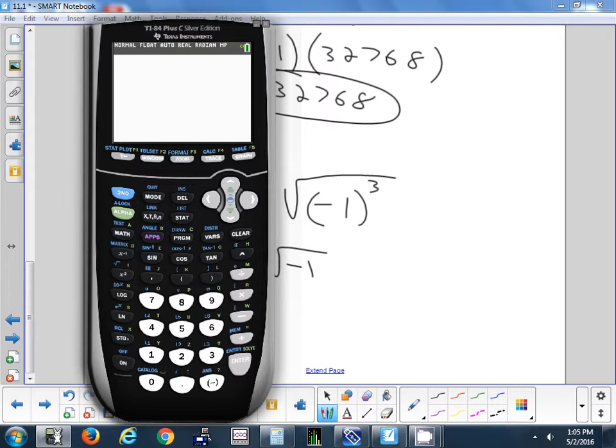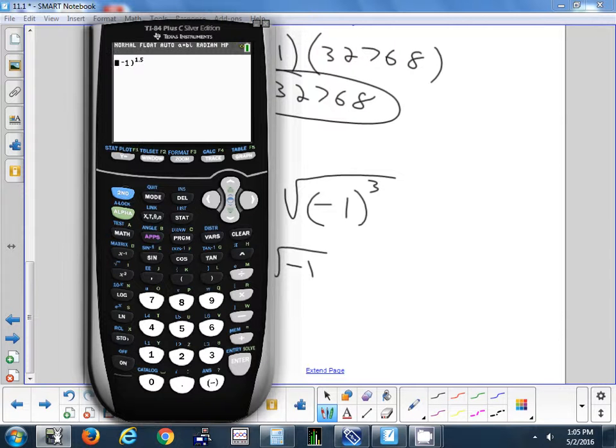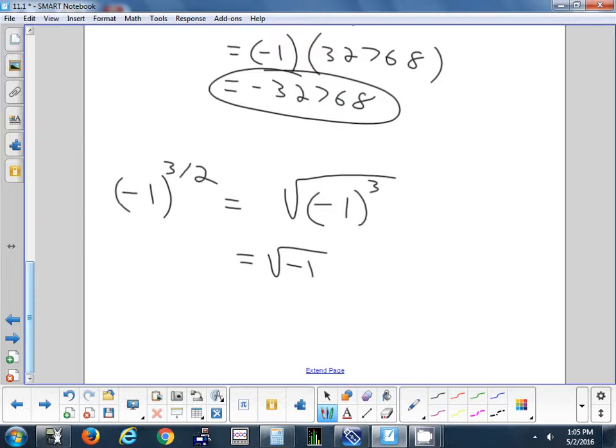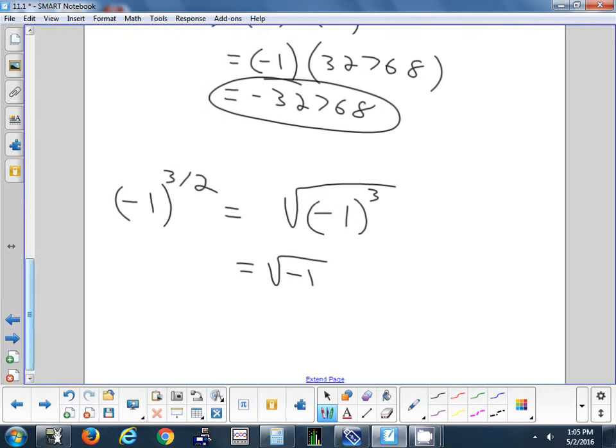So actually, if I put my calculator in imaginary, let's see if we get i as the answer when we do -1 to the 1.5. Negative i. Well, we were close. So -1 to the 3/2 is, I'd have to think about why it's negative i and not i.